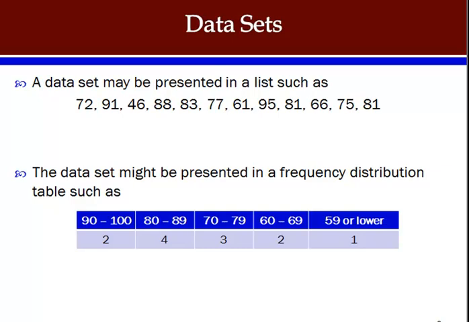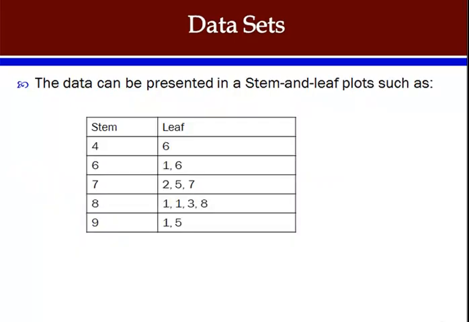Data can also be presented in what is called a frequency distribution table. So here we have from 90 to 100, 2, from 80 to 89, 4, from 70 to 79, 3, from 60 to 69, 2, 59 or lower, 1. Once you know the context that these numbers are representing, you'll understand more about what these tables and lists mean.